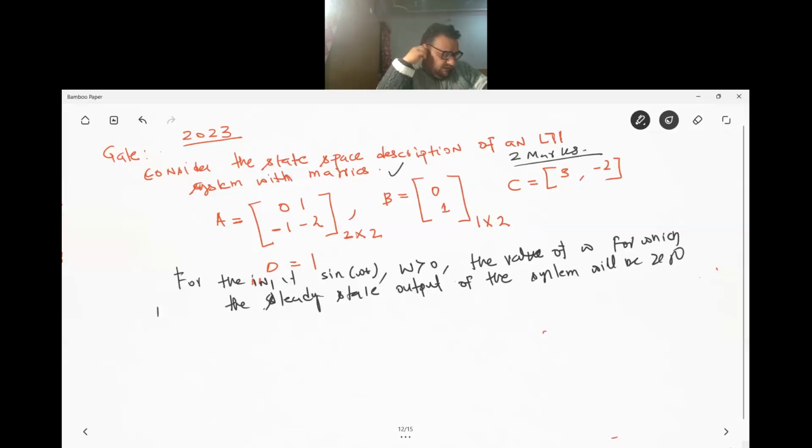and he has also given the value of D as equal to 1. So we know our formula, the primary formula that we'll be using here: Y of s by U of s, which is my transfer function.